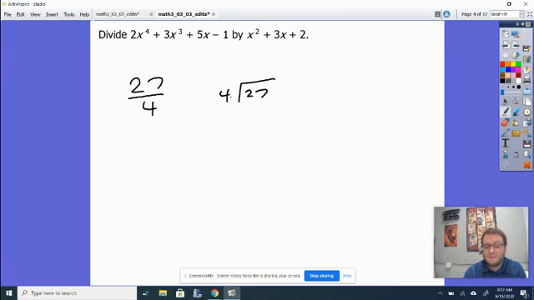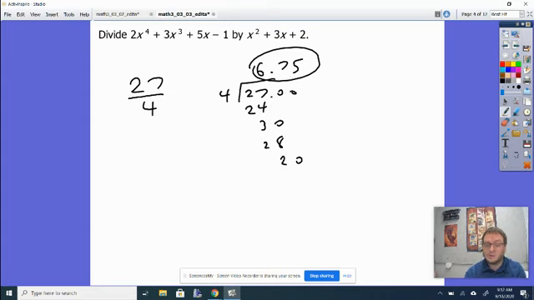If you think back to third or fourth grade, you would go, okay, I know this is going to be 6, and then 24, and then 3, and then I pull down a 0. Starting to remember this? Then it's 7, 28, 2, pull down another 0, and then we get a 5, and that was our answer. We called this long division.